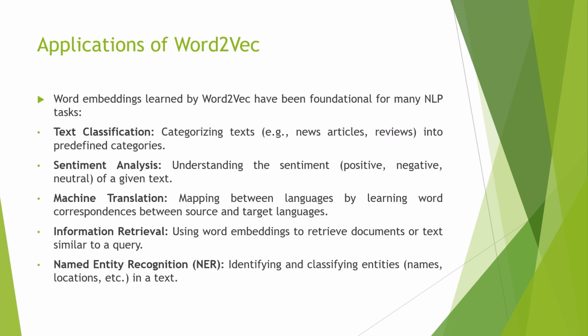The applications of this word embedding are in multiple areas. It can be applied in text classification to classify text as news text, sports news, business news, or financial news, something like that. We can have predefined class labels to classify the given text based on the word vectors.